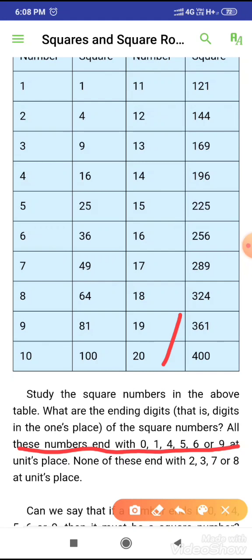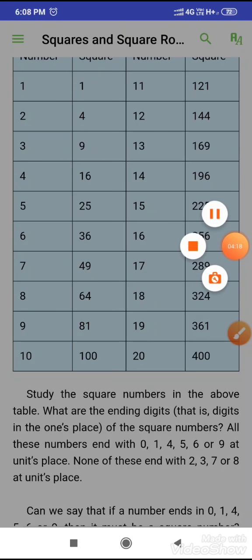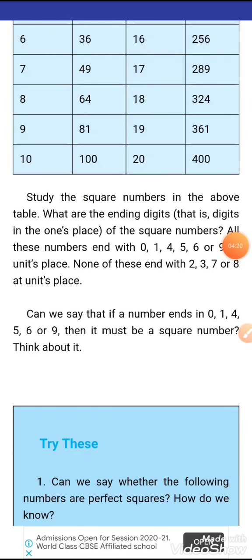None of these numbers end with 2, 3, 7 or 8 at unit place. Here we conclude that all the numbers which end with 2, 3, 7 or 8 can never be a square number.